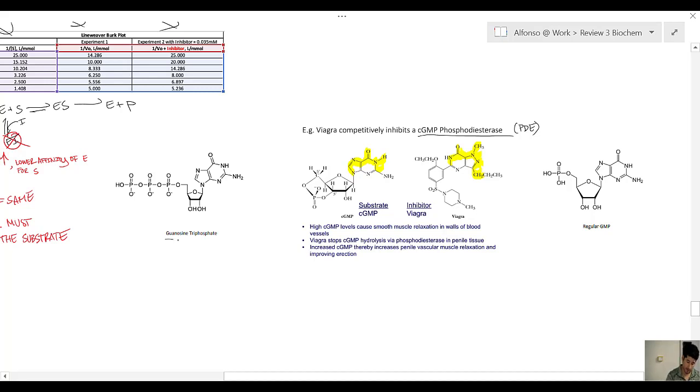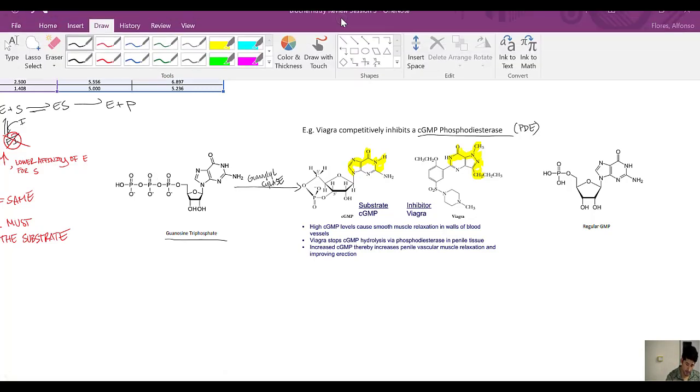Okay. So here's a little bit of backstory. Cyclic GMP is made out of guanosine triphosphate, which is a nucleotide that is in the cells of your body. And guanosine triphosphate binds to an enzyme called guanylyl cyclase.